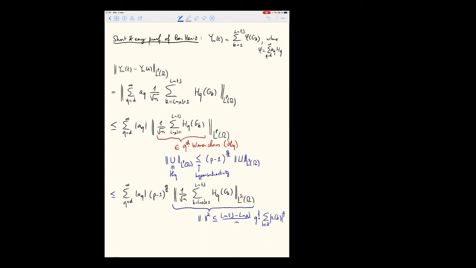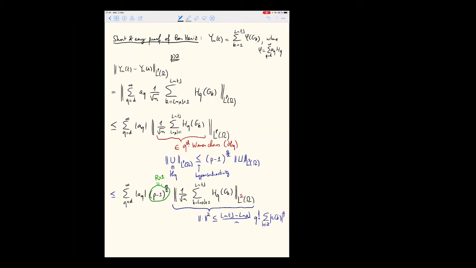And now let me call R this guy, which is strictly bigger than 1 because P is strictly bigger than 2 in the Billingsley condition. So R is the square root of P minus 1.